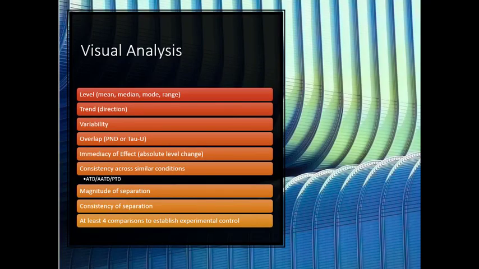For comparative designs, the 6 components of visual analysis hold as relevant: level, trend, variability, overlap, immediacy of effect, and consistency across similar conditions. However, we also look for and evaluate the magnitude of separation, the consistency of separation, and at least 4 comparisons are needed to establish experimental control.